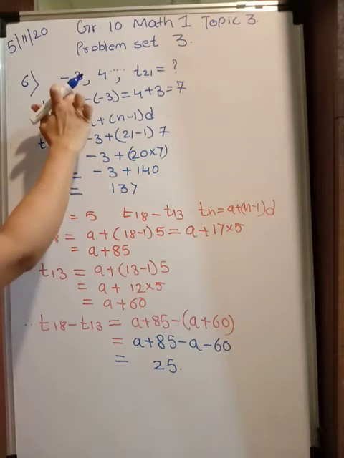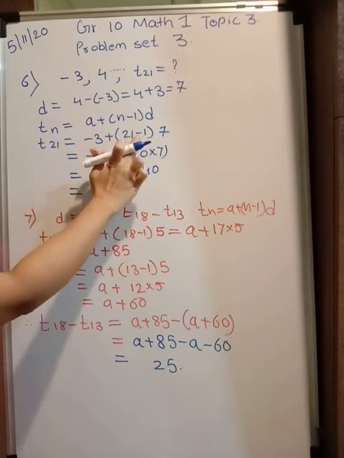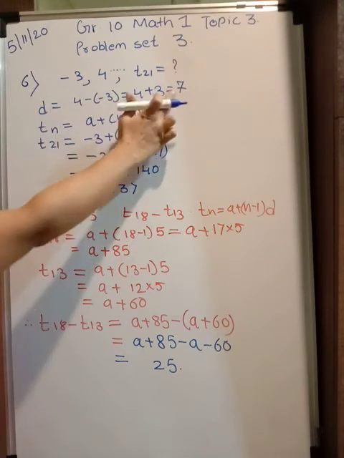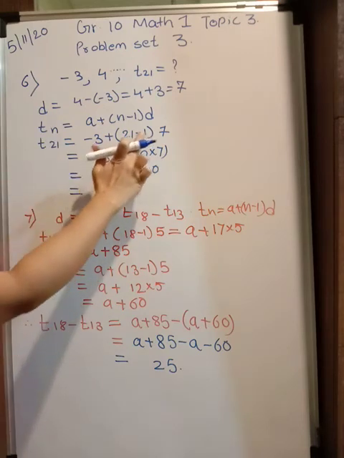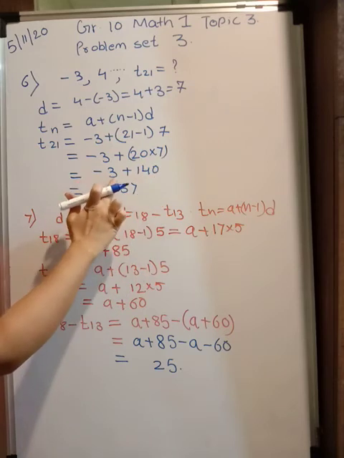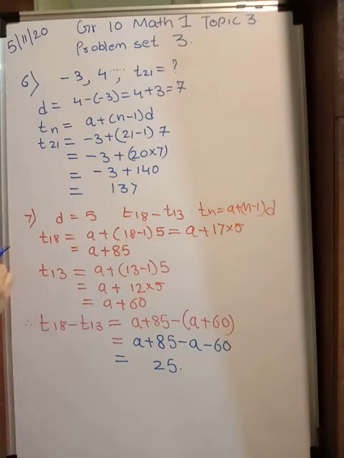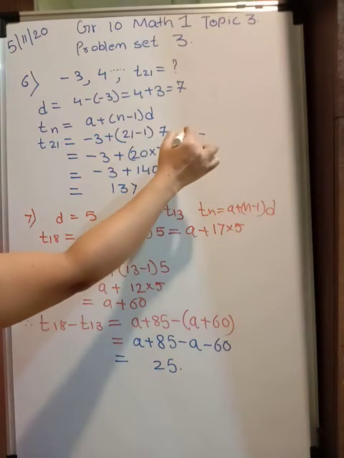So A is already known to us, minus 3 plus n is 21. So 21 minus 1 into D, which we have calculated just now, that is 7. Now minus 3 plus 21 minus 1 is 20 into 7. 20 into 7 is 140, minus 3 will be 137. So the correct option is 137, that is C. Correct option is C.